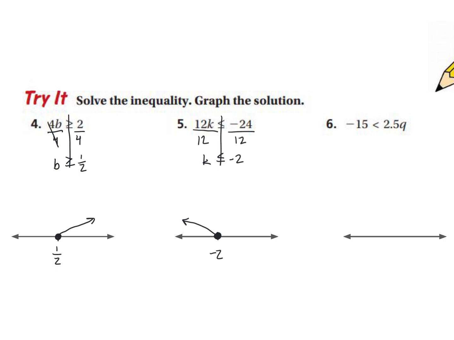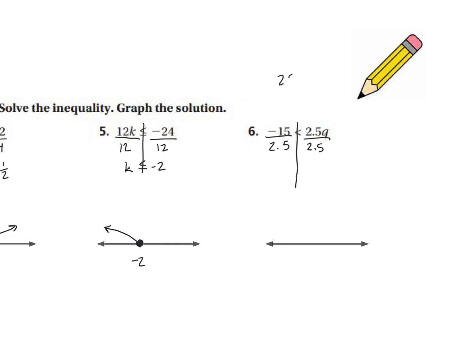Last one is -15 is less than 2.5q. We're going to divide by 2.5, divide by 2.5. I'm going to set this up here. 15, we're going to move once, into 150. 25 can go into 150 a total of 6 times, and it does so evenly.